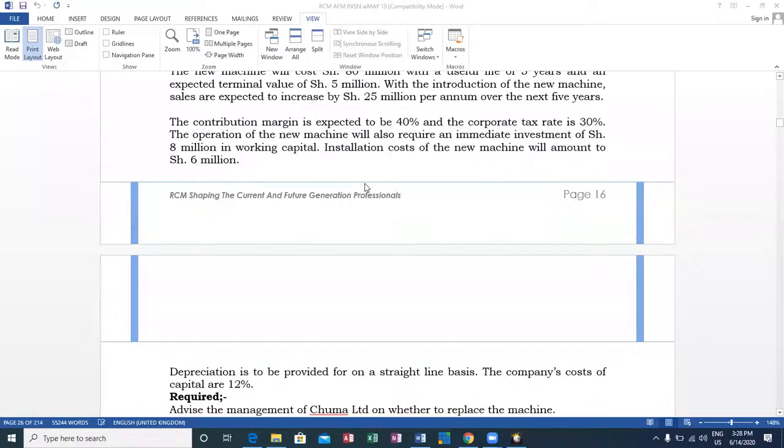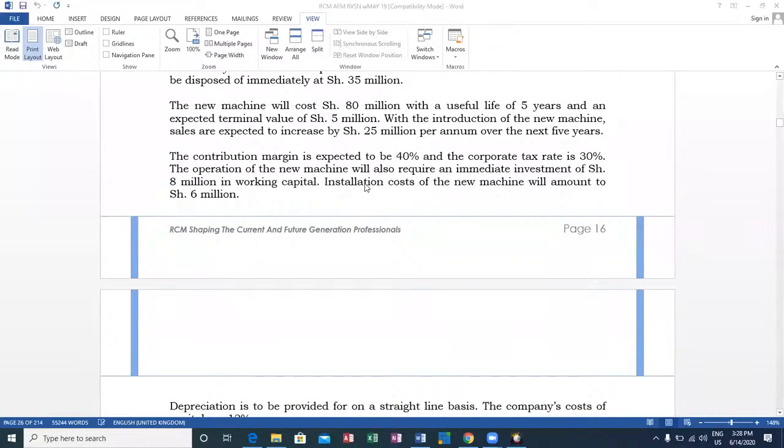So the new machine has a scrap value of 5 million. Then you will come and you less.